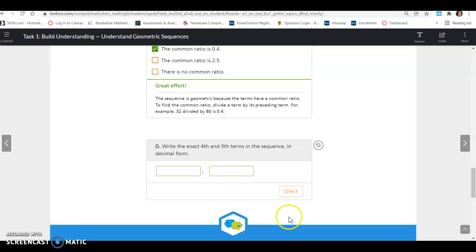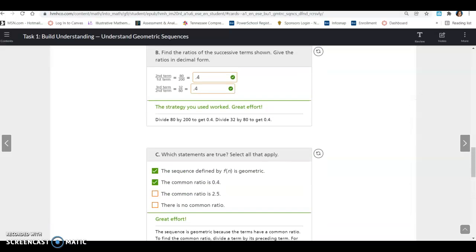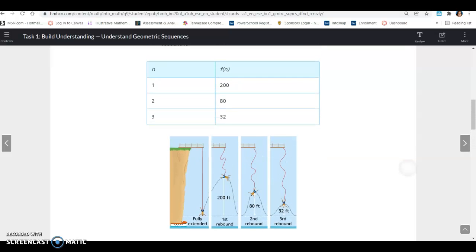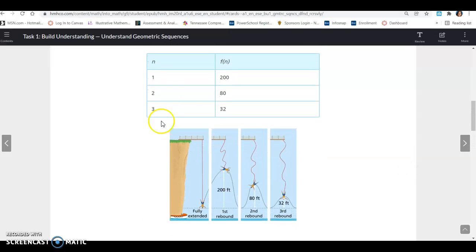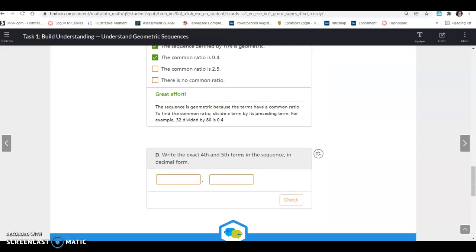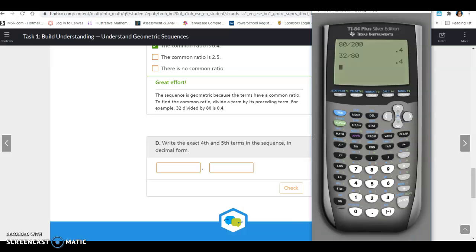All right, so it says write the explicit fourth and fifth terms in the sequence in decimal form. All right, so since we have the first 3, we can find the next term by simply multiplying by the common ratio. So all I have to do is take 32 and multiply that by 0.4. So 32 times 0.4 gives me my next term.